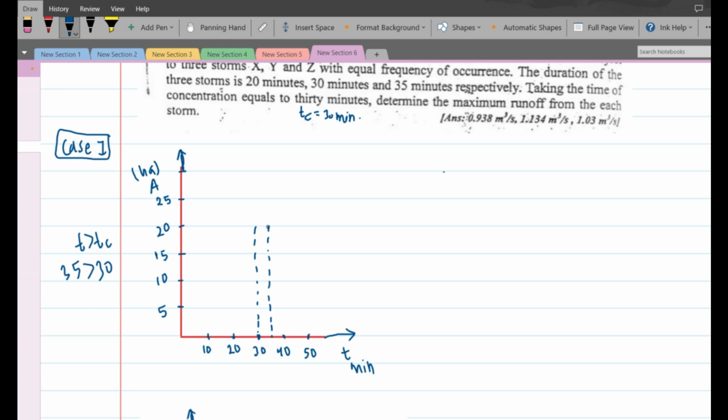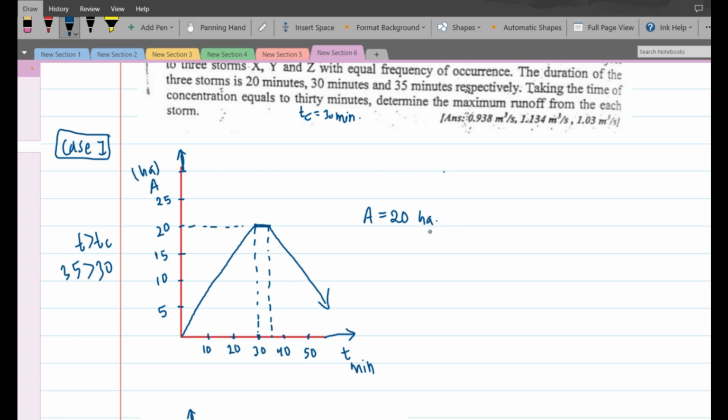Then after that, the rainfall will stop and it will go on decreasing in this manner. In this direction, from 0 it rises in a straight line, and then it will be constant. So the maximum area contributing here is 20 hectares.